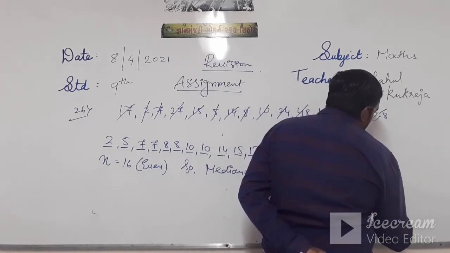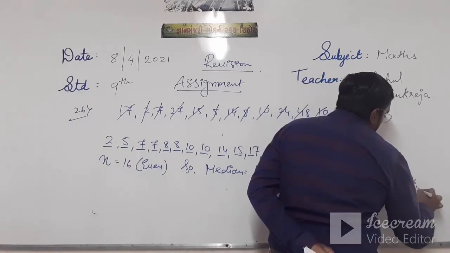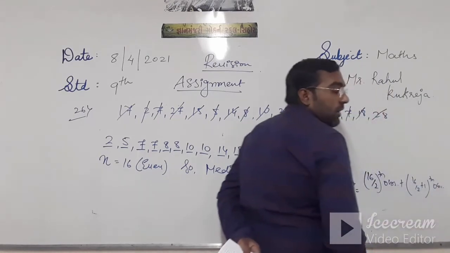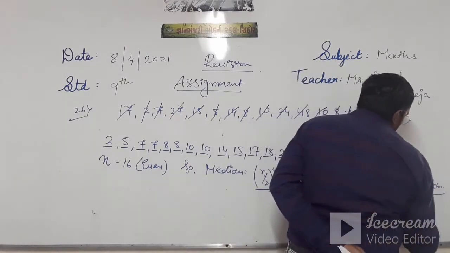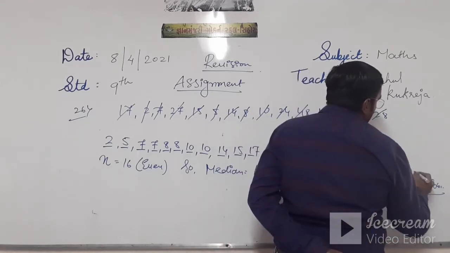16 by 2 observation plus 16 by 2 plus 1 observation, and it is divided by 2. 2 ones are 2, 2 eights are 16.